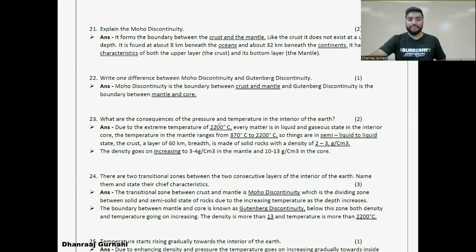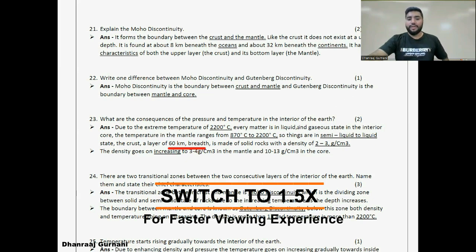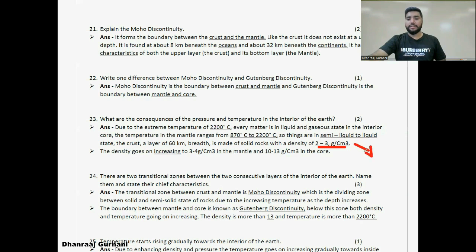The crust, which is a layer of 60 kilometers in breadth, is made up of solid rocks. And here they have given you the density. The density is 2 to 3 grams per cubic centimeter.